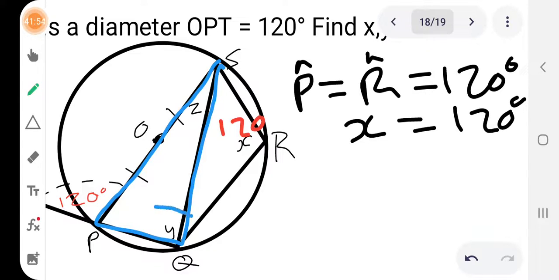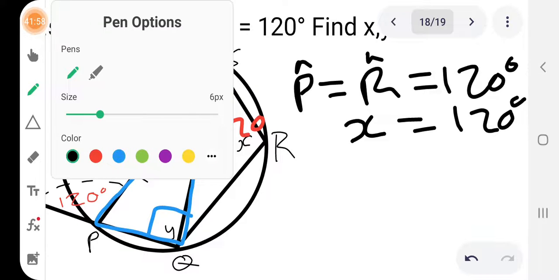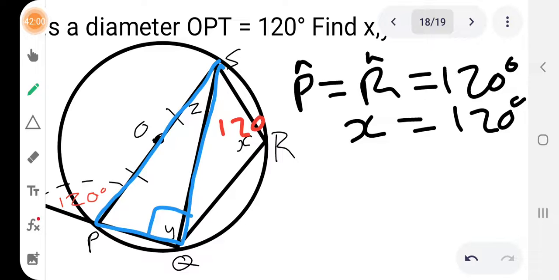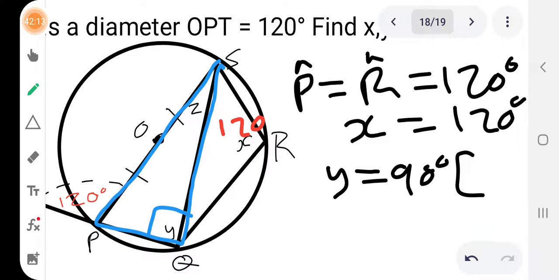Therefore, this one will be 90 degrees. Your reason is going to be angles in a semicircle or angles subtended by the diameter. Therefore, y is equal to 90 degrees.